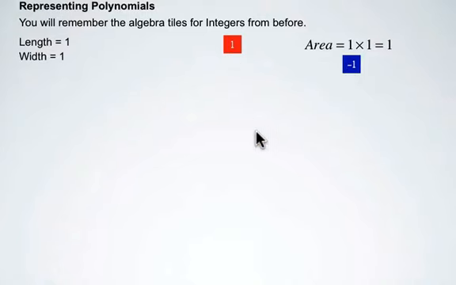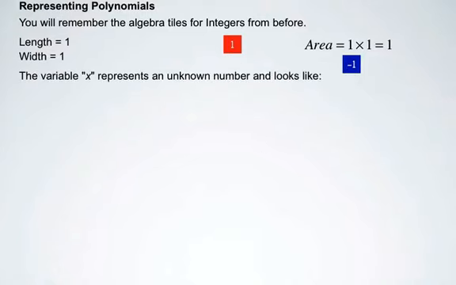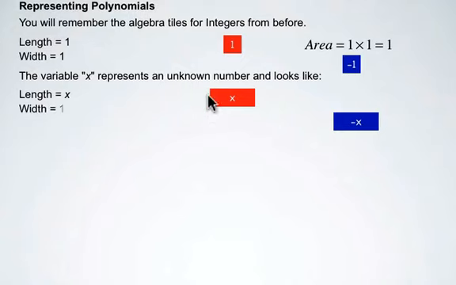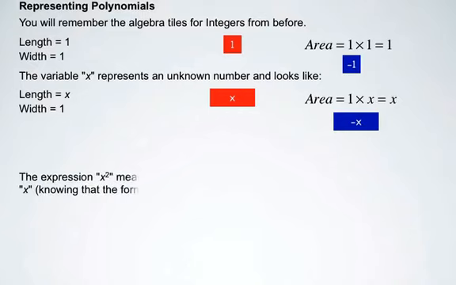They are both the same size. But now we're going to start representing variables. So to represent x, we're going to use the longer rectangle. So the length is x, the width is 1, so the area is length times width, or 1 times x gives us x, and red is positive, blue is negative.